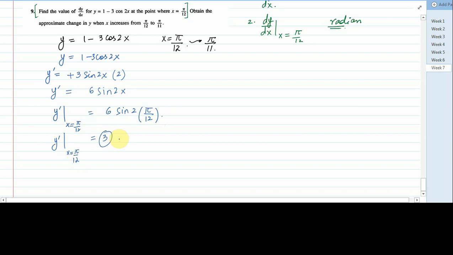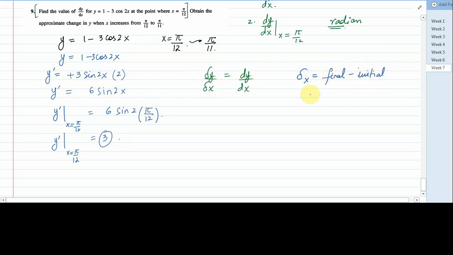After that, it says obtain the approximate change in y when x increases from pi over 12 to pi over 11. So let me remind you the working formula of a small change we had done in chapter number 16, which states delta y over delta x equals to dy over dx, right? And what is delta x? Delta is basically final minus initial value.